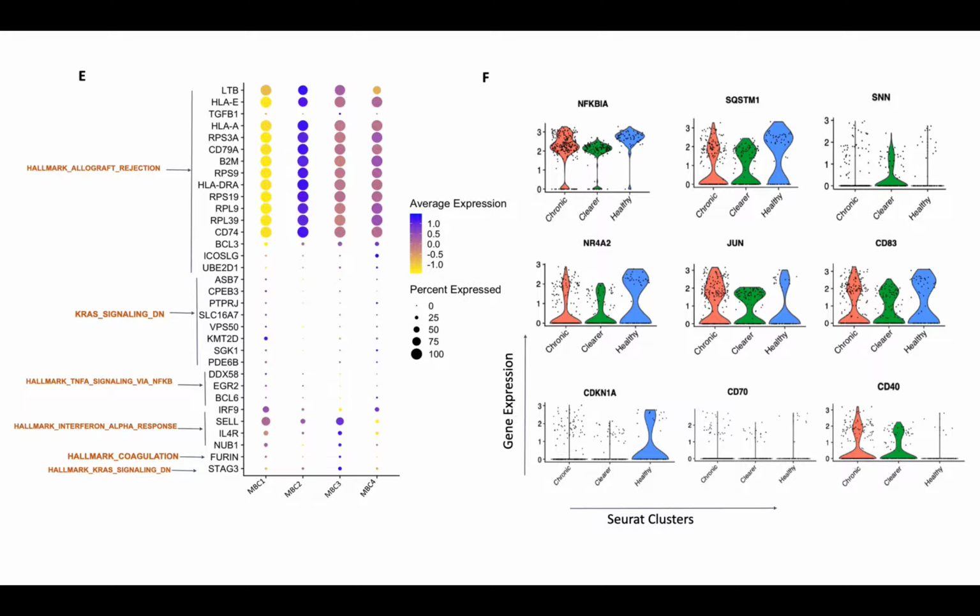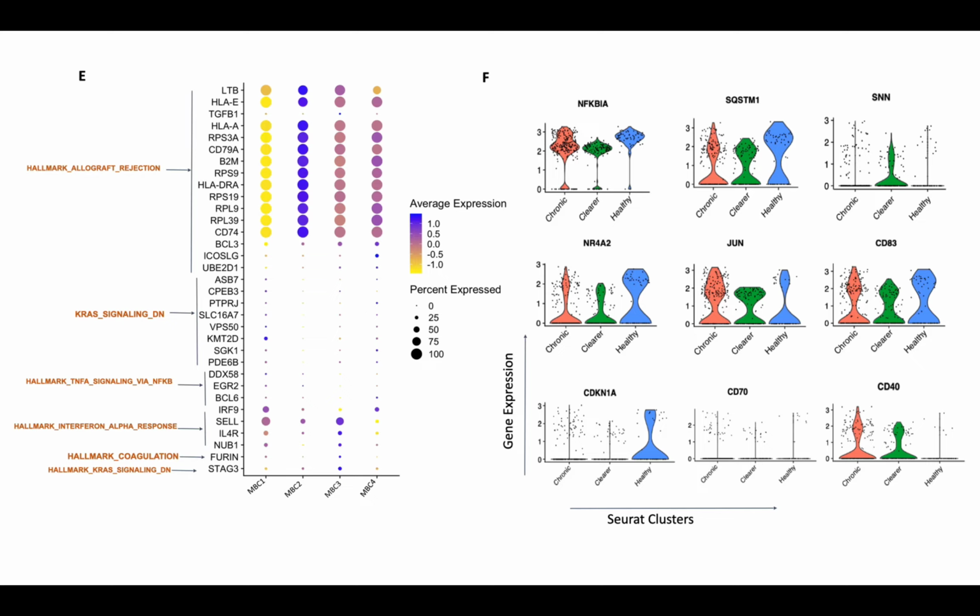Hallmark allograft rejection is mainly expressed in memory B cell 2. Notch signaling genes are mainly expressed at low level in case of memory B cell 1, and we see interferon alpha response and TNF alpha pathway genes which are low expression but expressed mainly in cluster 1, MBC1.